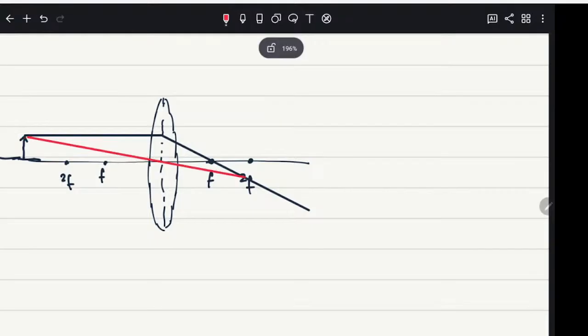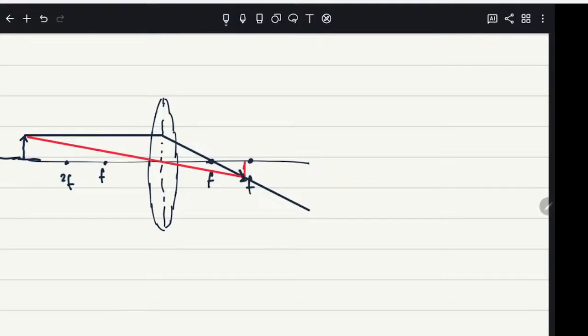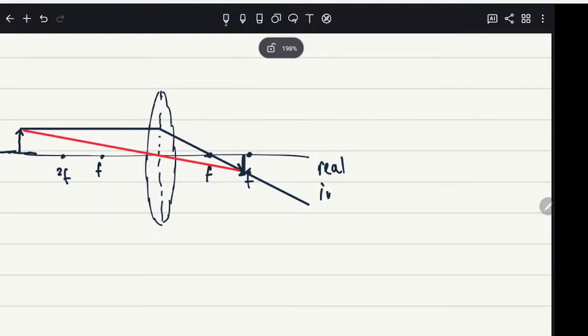And look where it is. Look where the image will be formed. This is the image. It's real. The image is real. The image is inverted, but it's smaller.